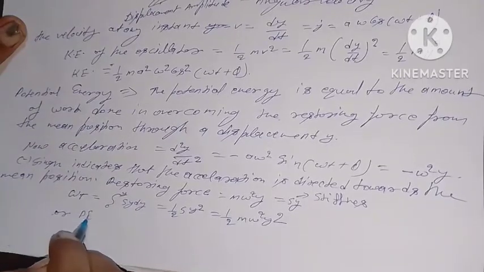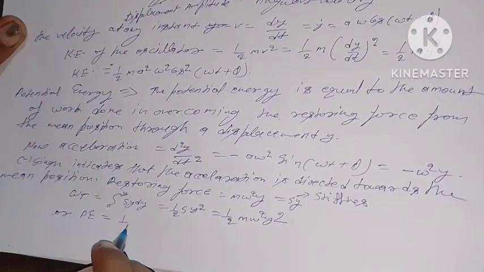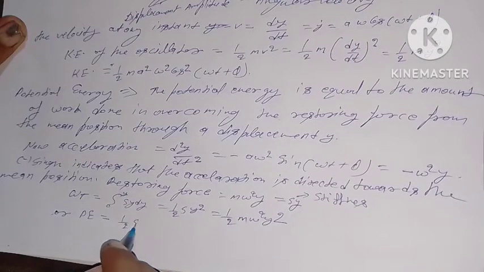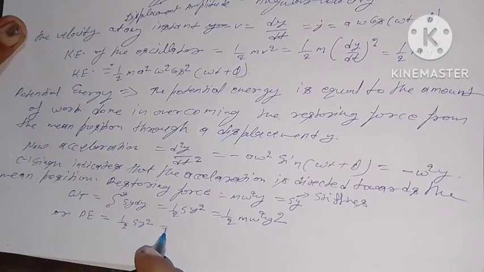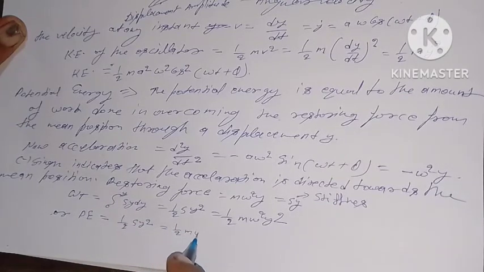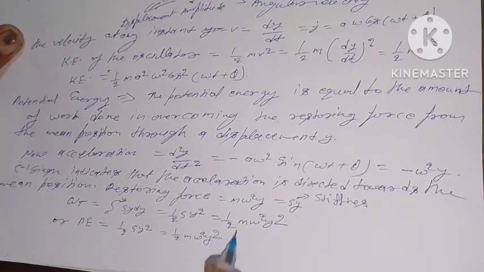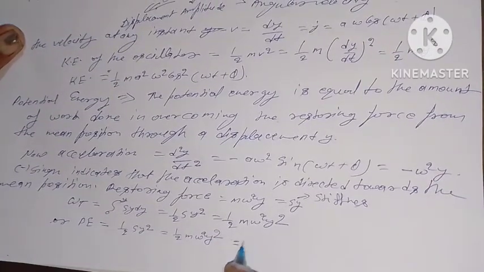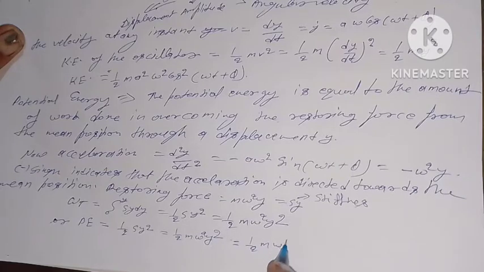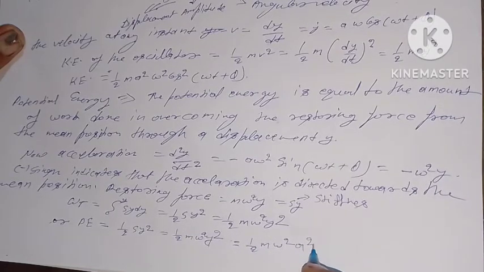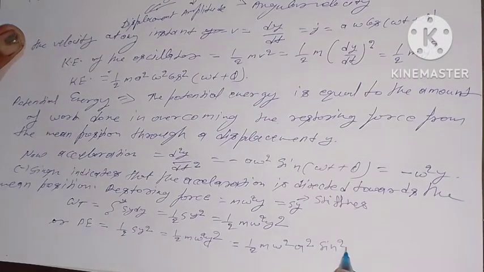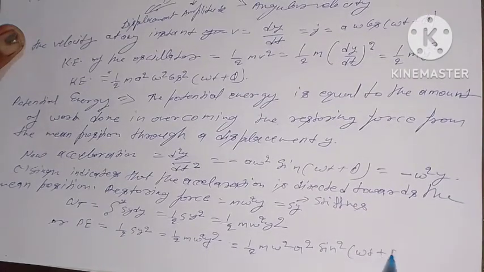Or PE, potential energy, equal to 1 upon 2 S y square equal to 1 upon 2 m omega square y square, that is 1 upon 2 m omega square, the value of y is a square sin square(omega t plus phi).